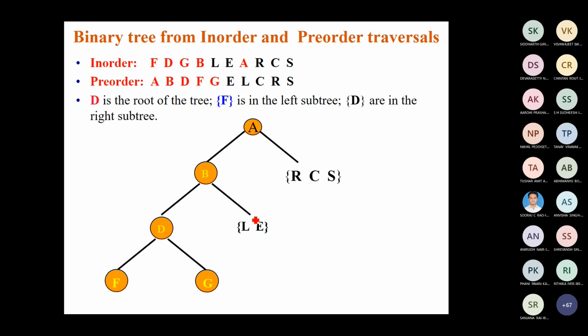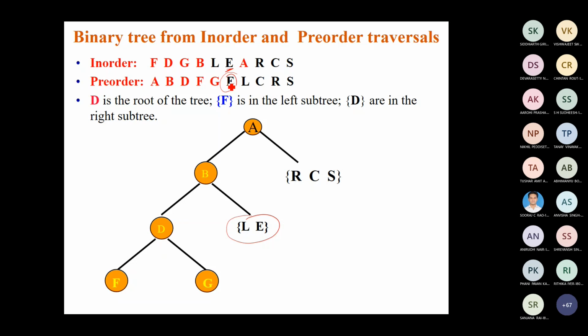Next, what are we left with? L and E here. Now go and identify the next letter in the pre-order traversal output. That is E. Where exactly is E located in the in-order sequence? Here. A is already considered in the construction of the binary tree, as the root node.